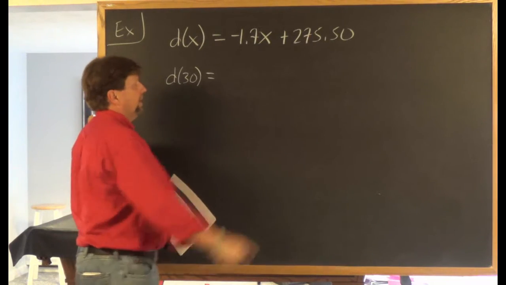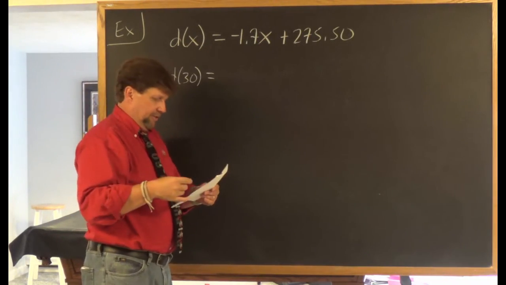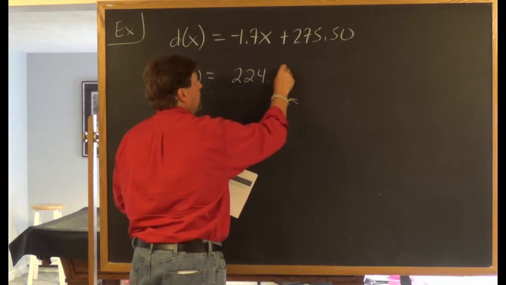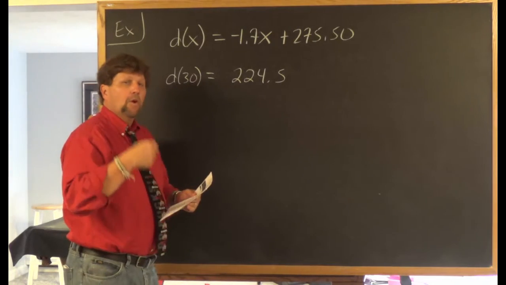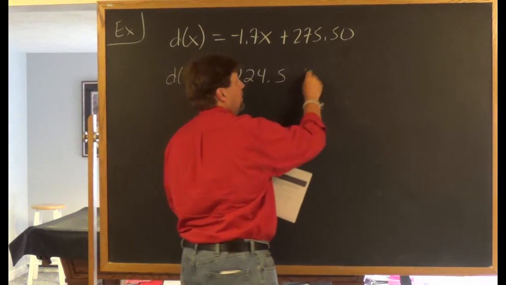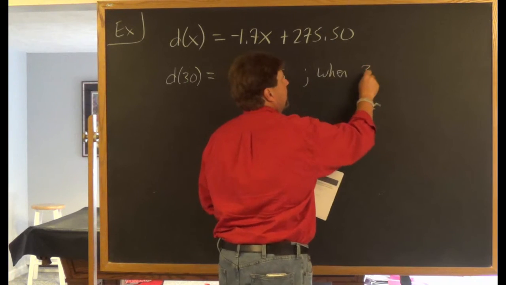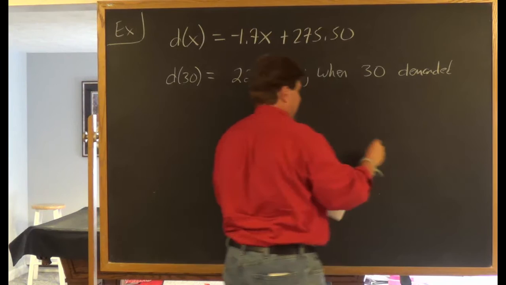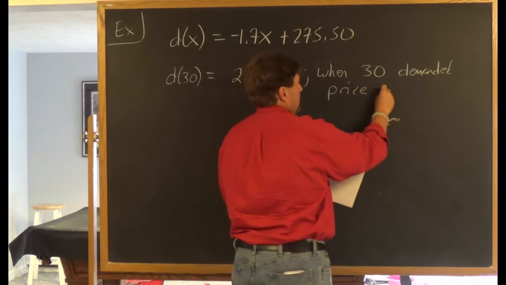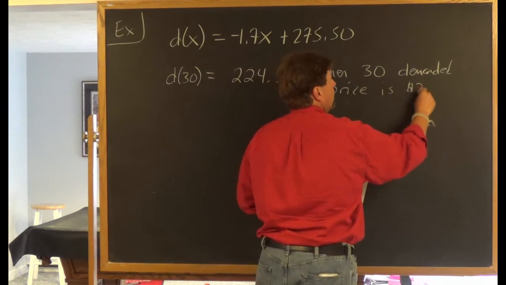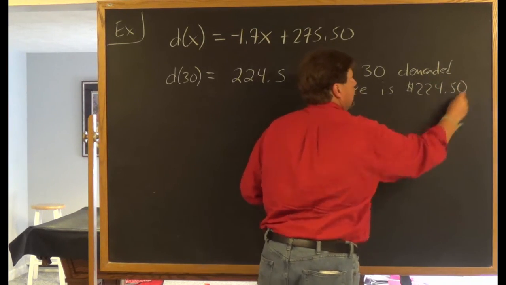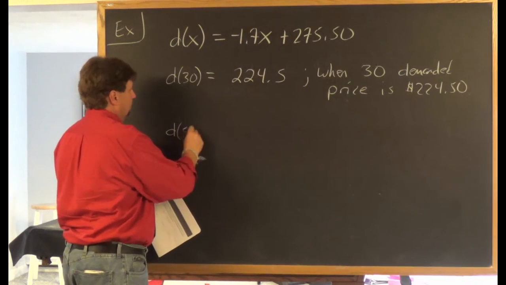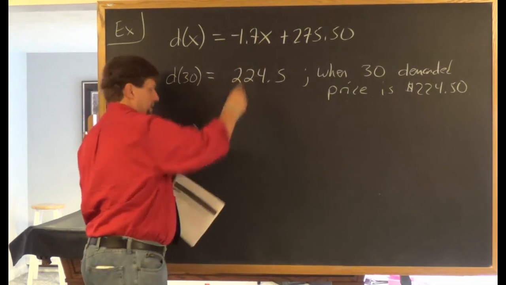To do D of 30, you toss 30 in for X, and when I fire up my calculator, I get 224.5, which simply means when 30 tires are demanded, the price is $224.50 per tire.